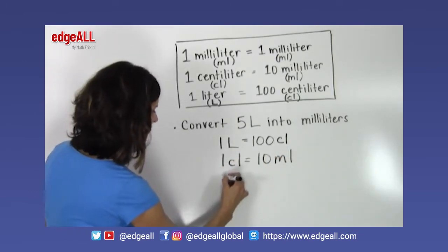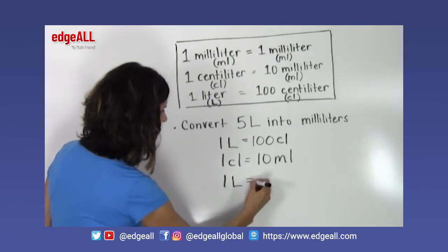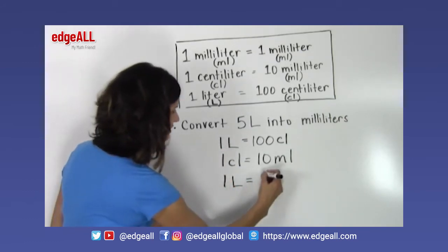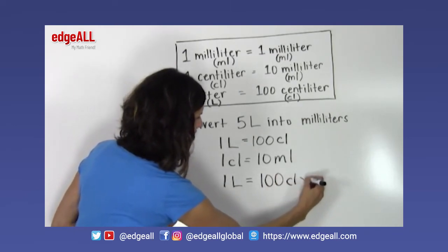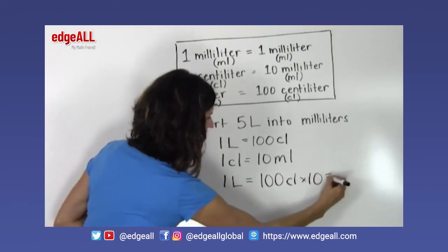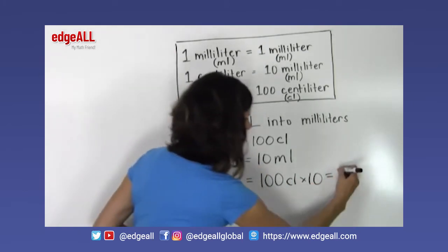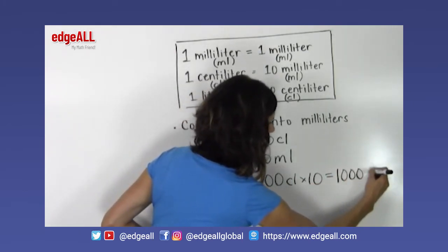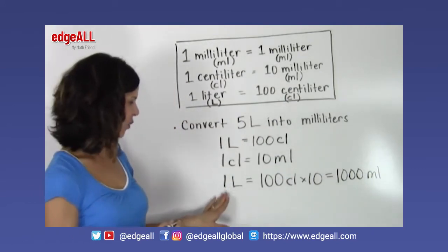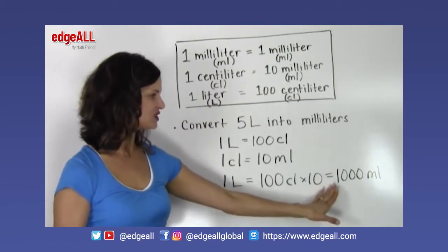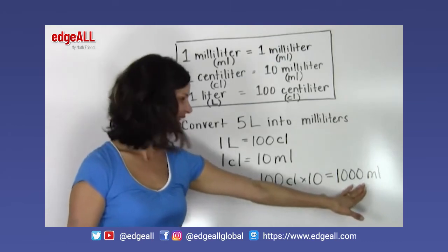We can simply follow that chain and say 1 liter equals 100 centiliters times 10 to give us 1,000 milliliters. And so we can see here that 1 liter is equal to 1,000 milliliters.